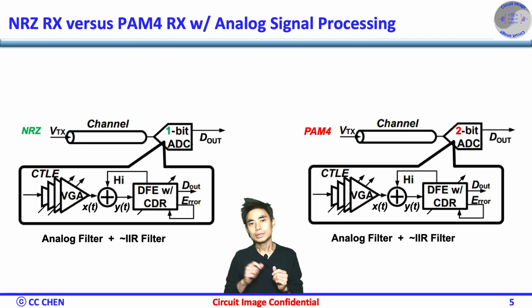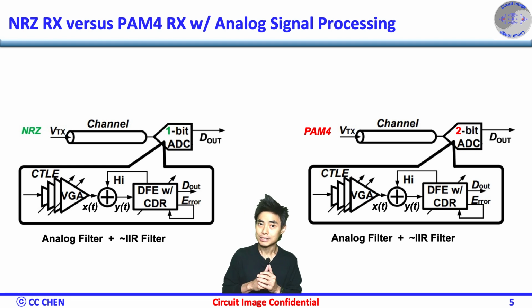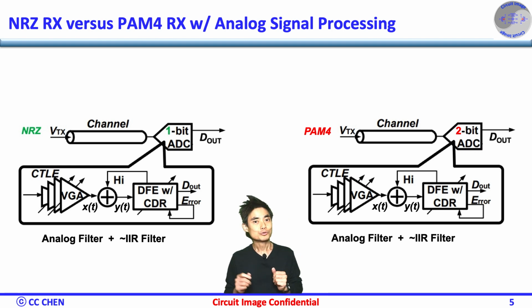Then we could implement the analog PAM4 RX using a relatively simple and cost-effective analog circuit design compared to complex DSP solutions. This allows us to have flexibility in either upgrading the NRZ to the PAM4 or downgrading the PAM4 to NRZ easily.